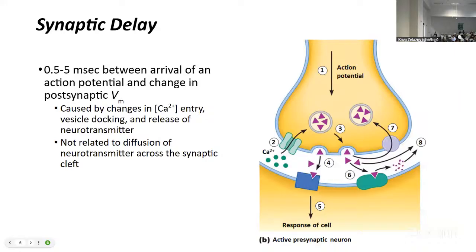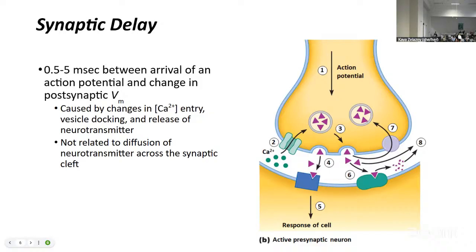It's not as immediate as we would see in an electrical synapse, where we can just have ions or other communication molecules moving from cytoplasm to cytoplasm. There is a little bit of a time delay when we're talking about neurotransmitters and chemical synapses going from our presynaptic neuron to the postsynaptic neuron. It's about half a millisecond to 5 milliseconds, depending.